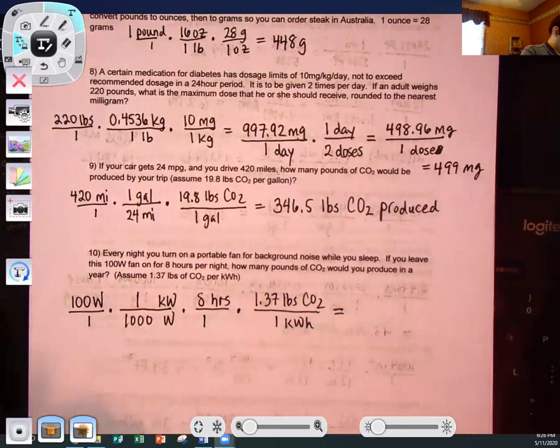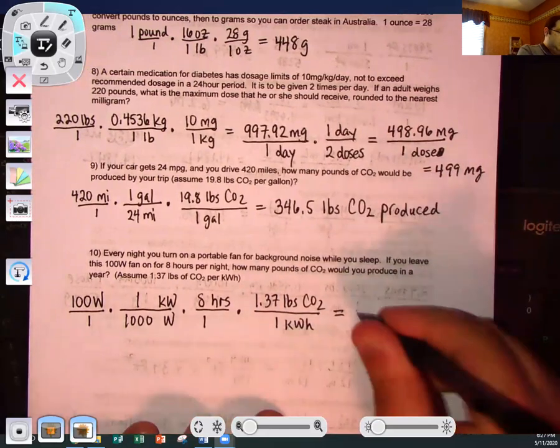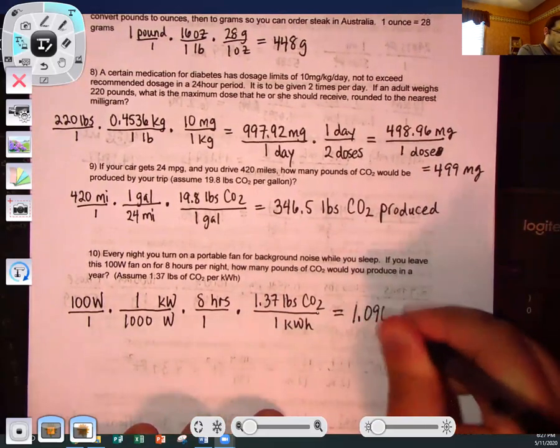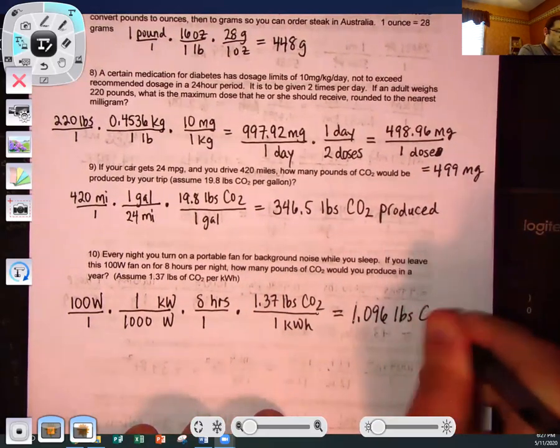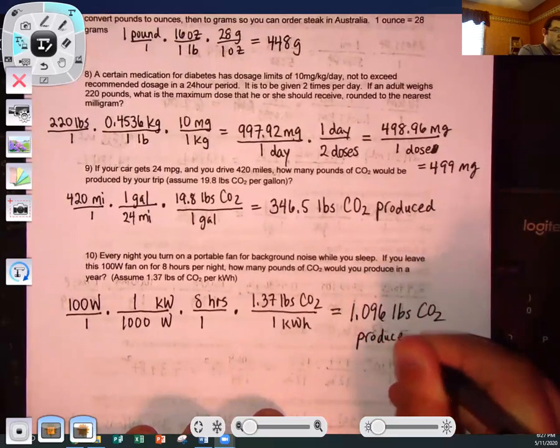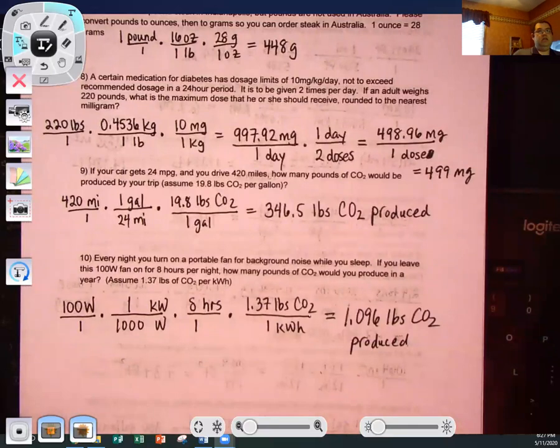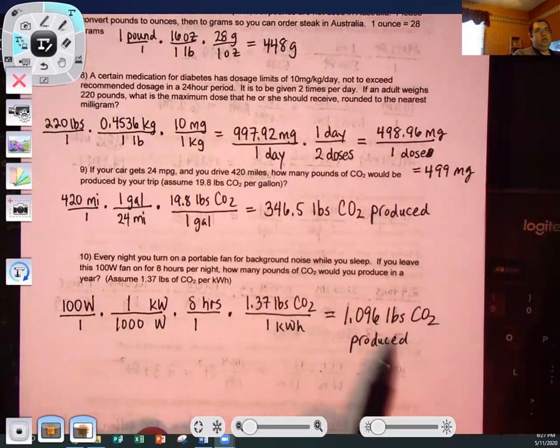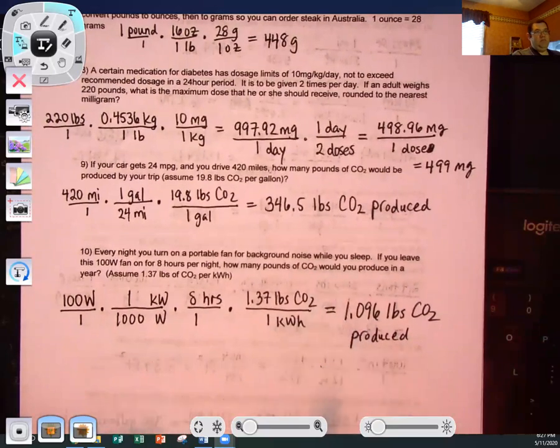So 100 divided by 1,000 times 8 times 1.37, 1.096 pounds CO2 produced. So leaving that fan on for 8 hours a night is going to produce 1.096 pounds of CO2 per day.